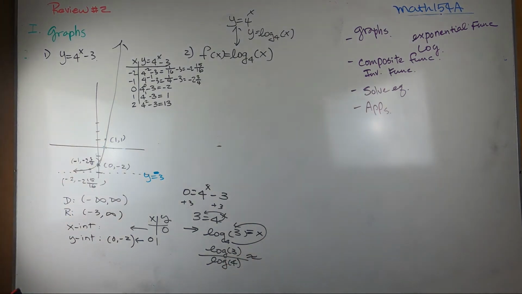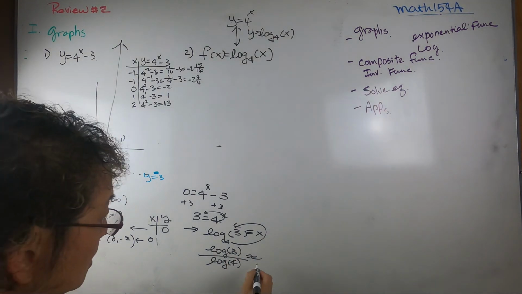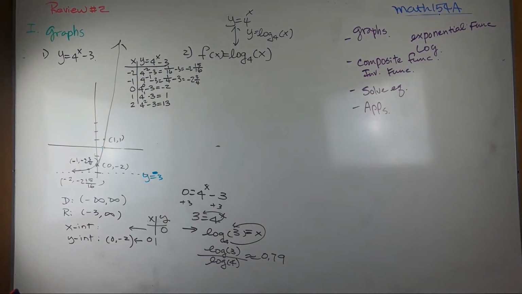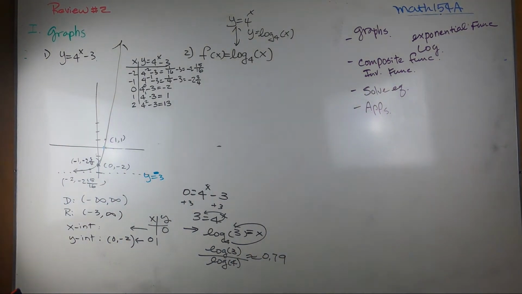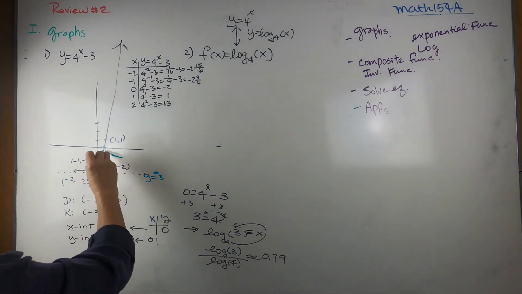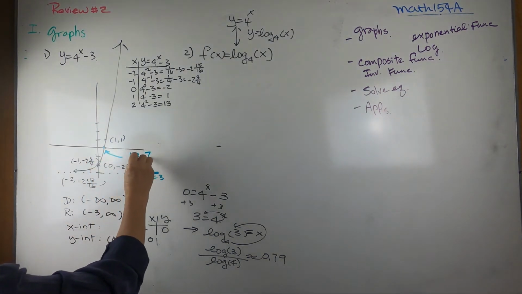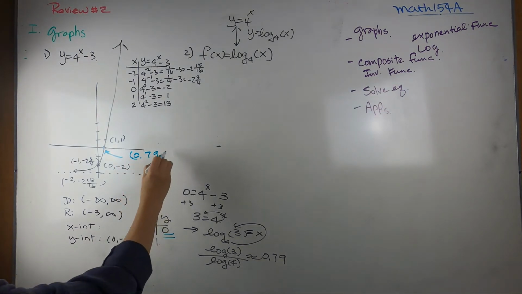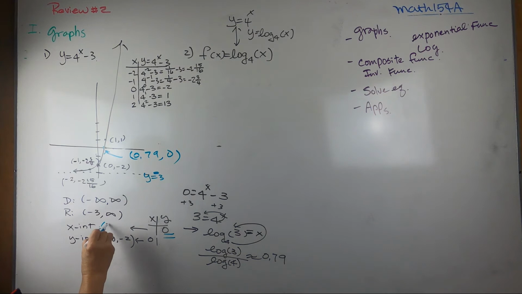So you use your calculator, you find out it's about 0.79. So that's the x-intercept. X is 0.79, y is what? 0, right? So your x-intercept is 0.79 and 0.